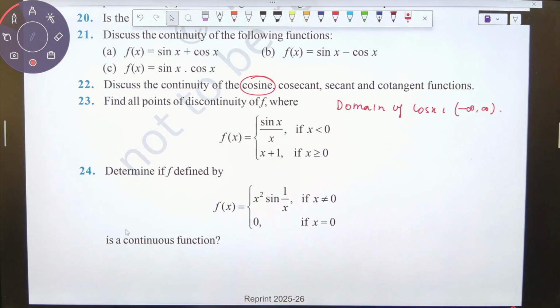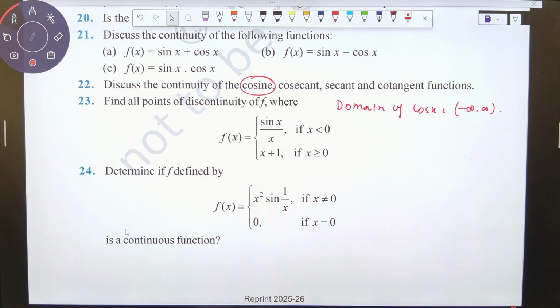Discuss, make me understand. So how will you make someone understand? Every trigonometric function is continuous in their domain. Not only trigonometric, any function, or you say all functions, are continuous in their domain. And what is the domain of cos x? Minus infinity to infinity.